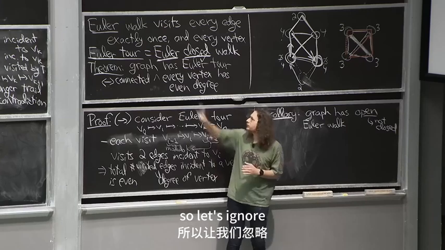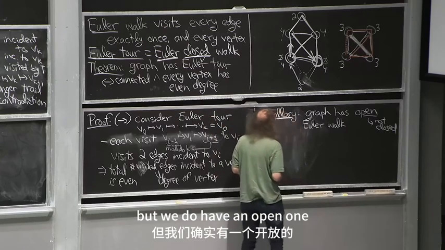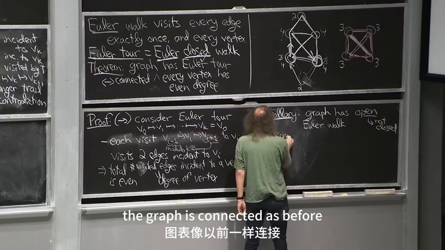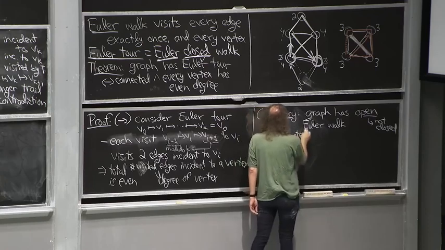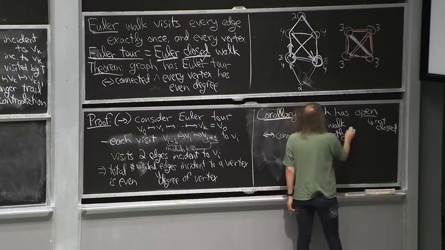So let's suppose that we don't have a closed Euler walk, but we do have an open one. I claim this is possible if and only if the graph is connected, as before, and exactly 2 vertices have odd degree.